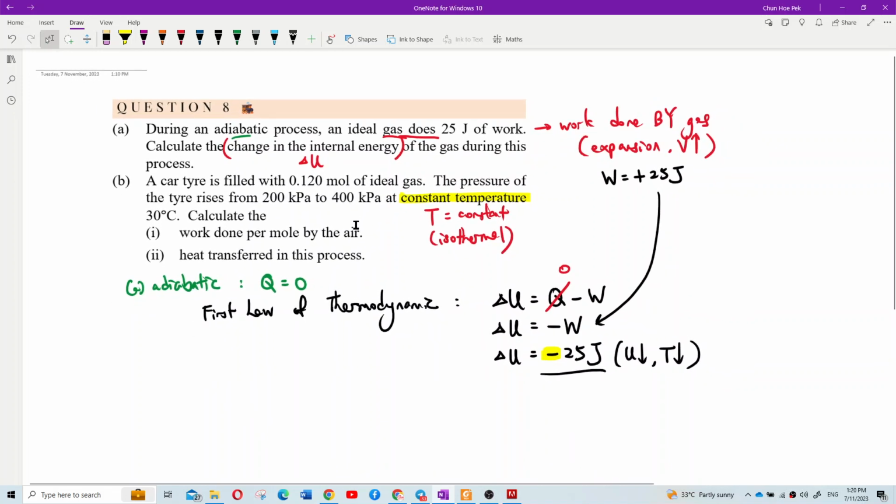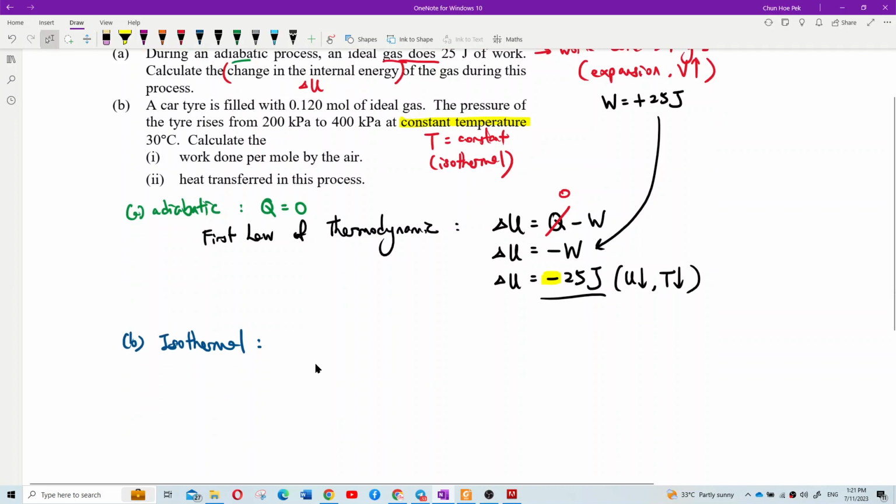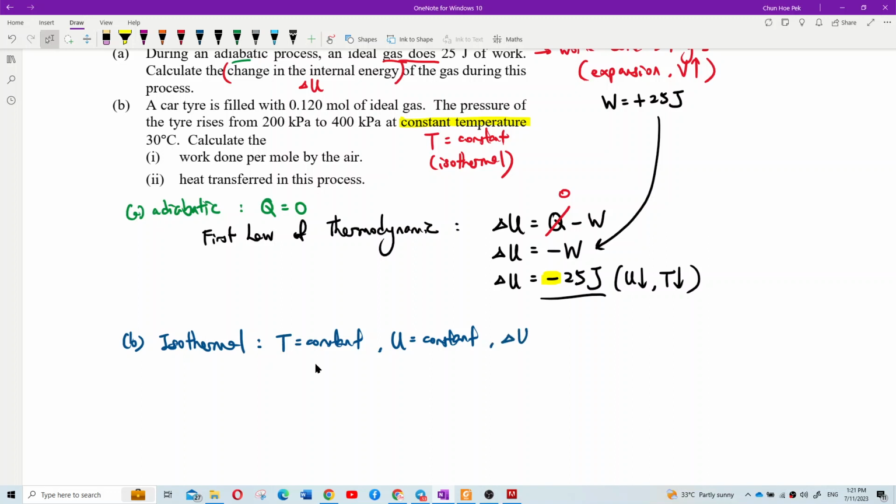Okay, so let's look at question B. So this is an isothermal process because of constant temperature. If isothermal, what do you remember, class? Temperature is constant. So internal energy is also constant. Correct or not? If internal energy is constant, that means no change in internal energy.